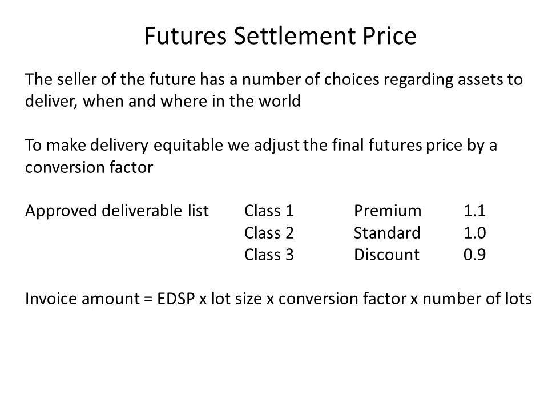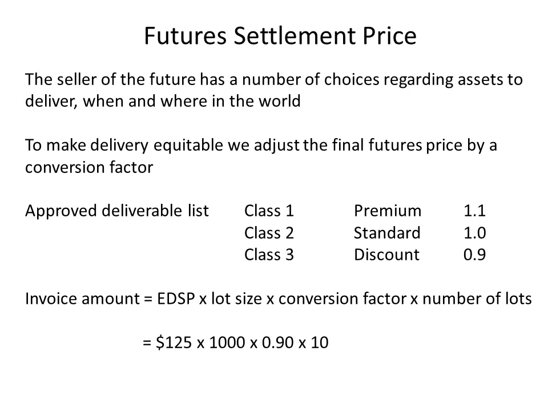So in this example, let's imagine that on the last day in the life of the futures contract we have a futures settlement price of $125, which is quoted on a per unit basis. Assuming that the futures contract is based upon 1,000 underlying units or lots, that's the lot size, we multiply 125 by a factor of 1,000. And then let's suppose also in this example we choose, as the seller of the futures contract, to deliver class 3 of the underlying asset.